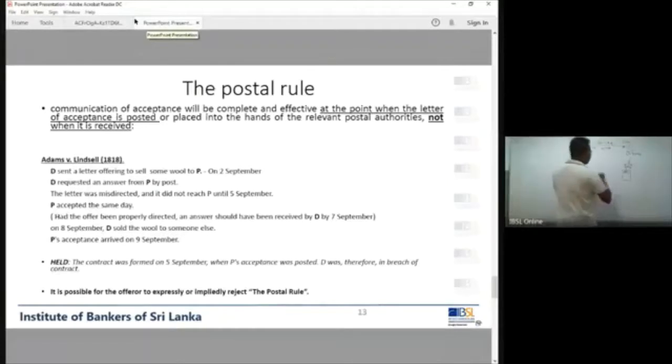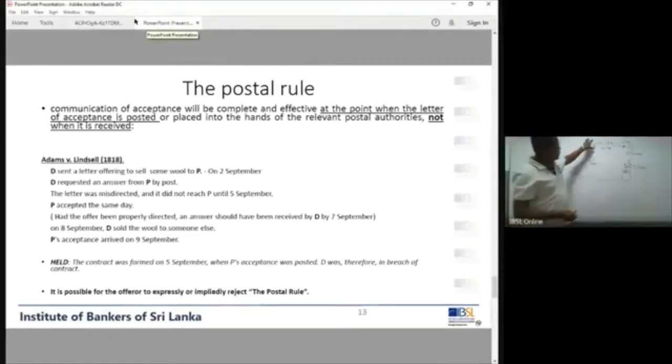Now, on the 5th of September, the letter of acceptance was posted by P, but it reached the offeror on 9th of September. 9th of September. Now what happened?